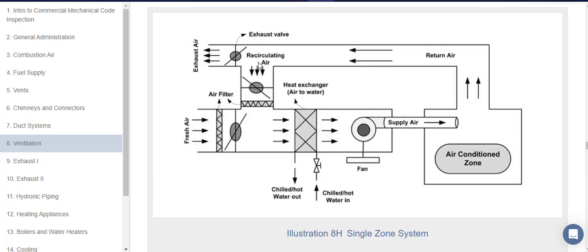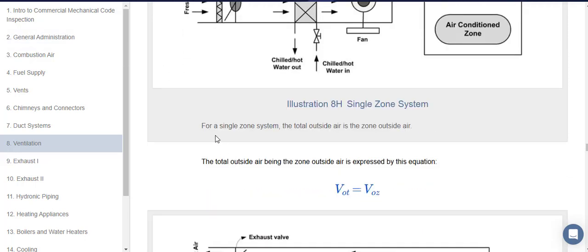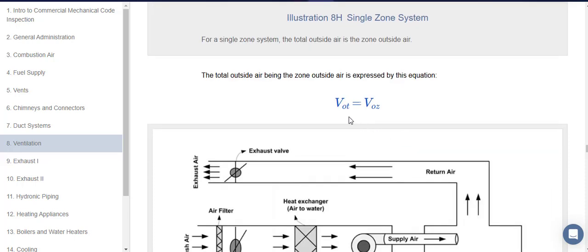It gives some recirculation air again to the air handling unit, and the exhaust damper gives some of the air outside. For a single zone system, the total outside air is the zone outside air, expressed by the equation Vot equals Voz.